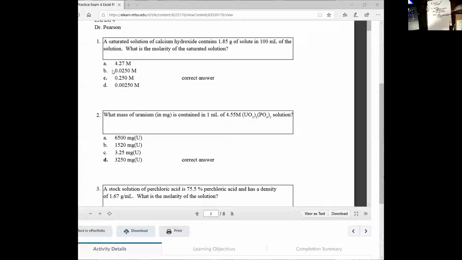Look at response B. That's the wrong answer because we got moles instead of molarity. So the molarity is going to be this number of moles divided by the volume.